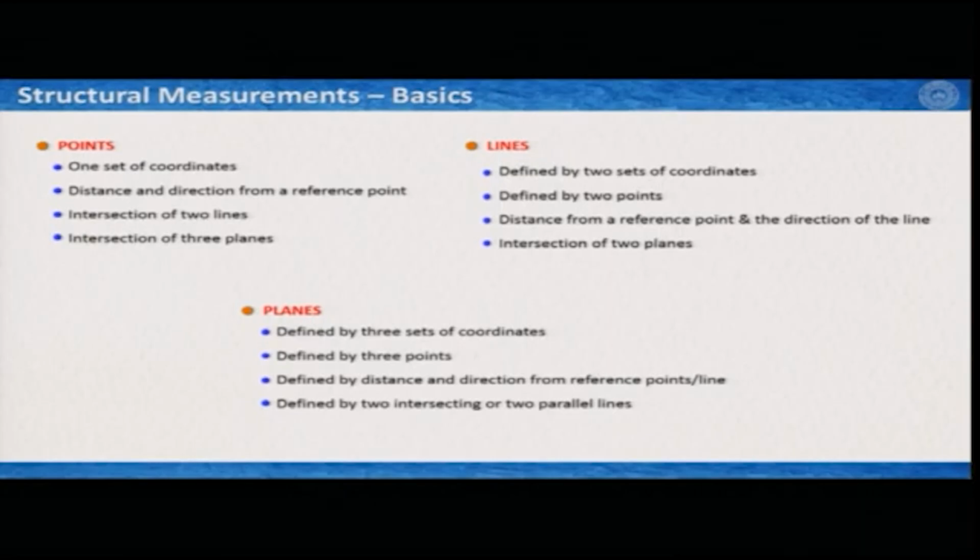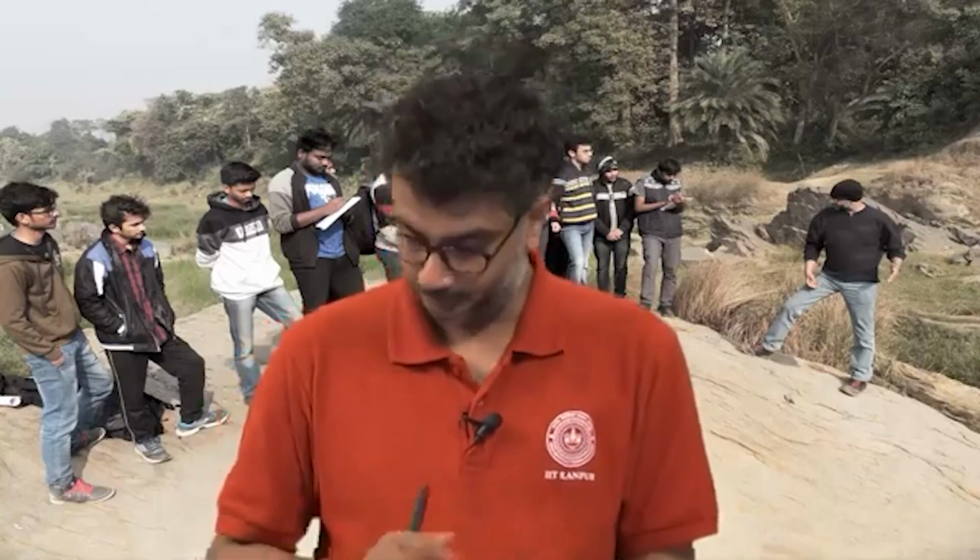So, given this background with us, and given the idea that most of the geological maps that we produce are in 2 dimension, that we produce them in a piece of paper, it is important to understand or to plot them in such a way that these 3-dimensional features or 3-dimensional measurements are represented in the map in 2 dimension, and this is exactly what we are going to learn now.